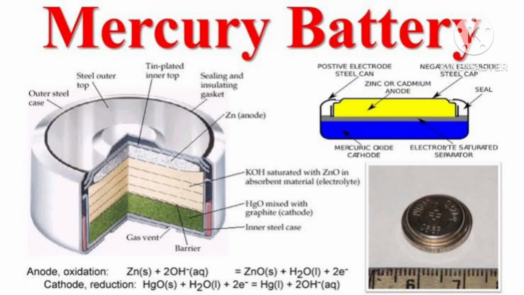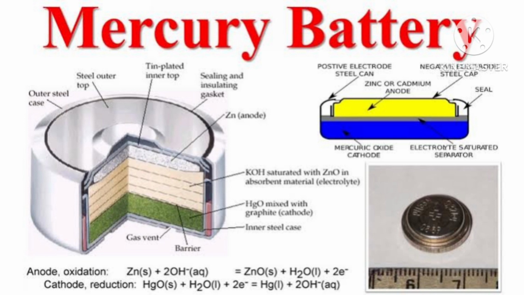And at the cathode, what will happen? At the cathode, HgO plus H2O will be there, mercuric oxide. A paste of HgO and carbon is used.